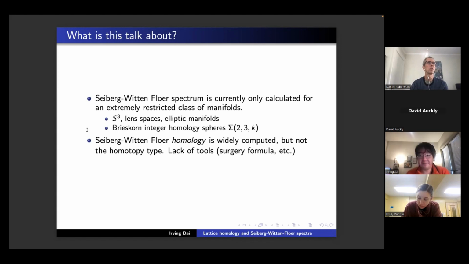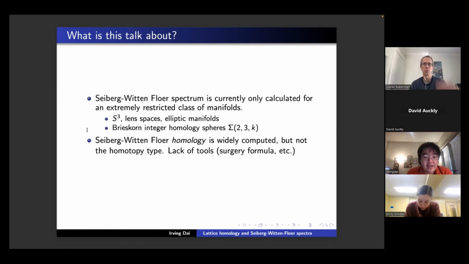You often have versions of these for knots, and you have some sort of surgery formula, or you have some other structural tools that allow you to calculate the homology. Even the most basic of these is only starting to be developed for Seiberg-Witten-Floer homotopy.